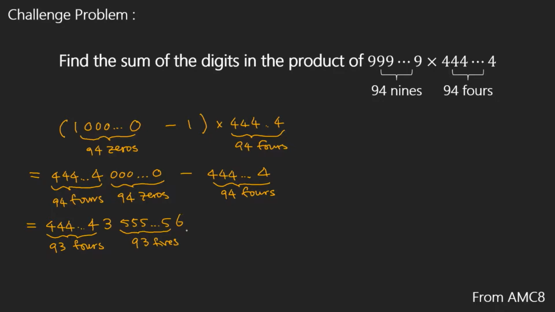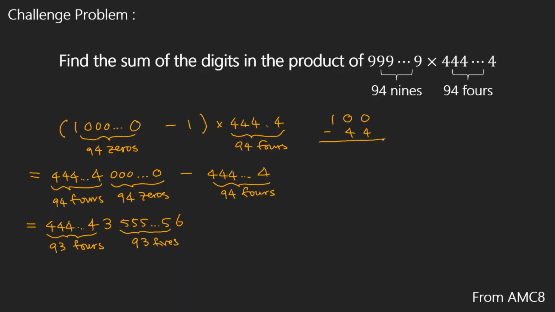So if it's not immediately obvious to you how this 93 5s came about, that's okay. Let's take some smaller numbers and see if we can find the pattern there. So instead of 94 zeros and 94 fours, let's take 2 zeros and 2 fours. So we have 1 borrowed from the previous digit followed by 2 zeros minus 2 fours.